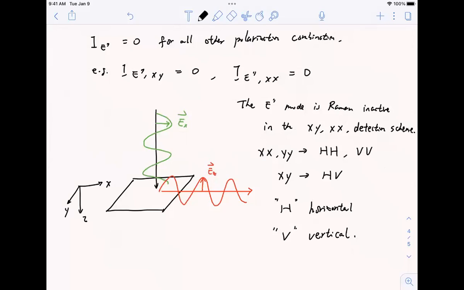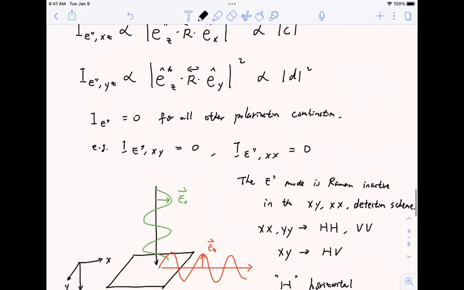Just terminology, okay? Those are the names for the detection geometry. That means you excite with X, you detect X. Excite with Y, you detect Y. And some people just write HVV or HV, just terminology.